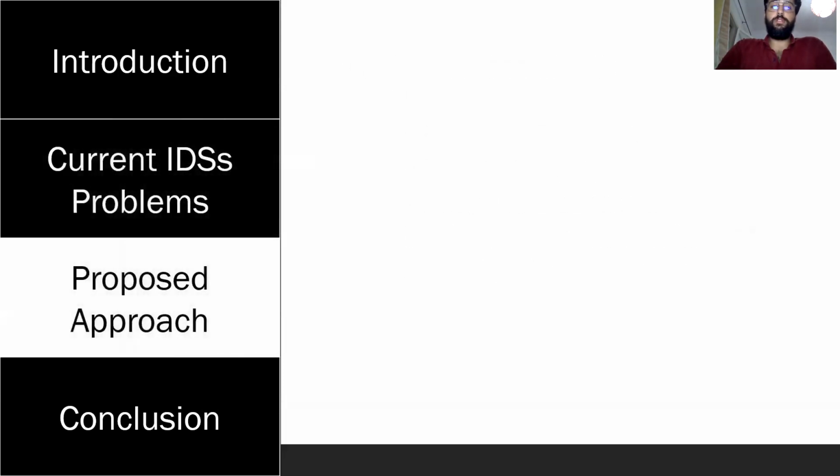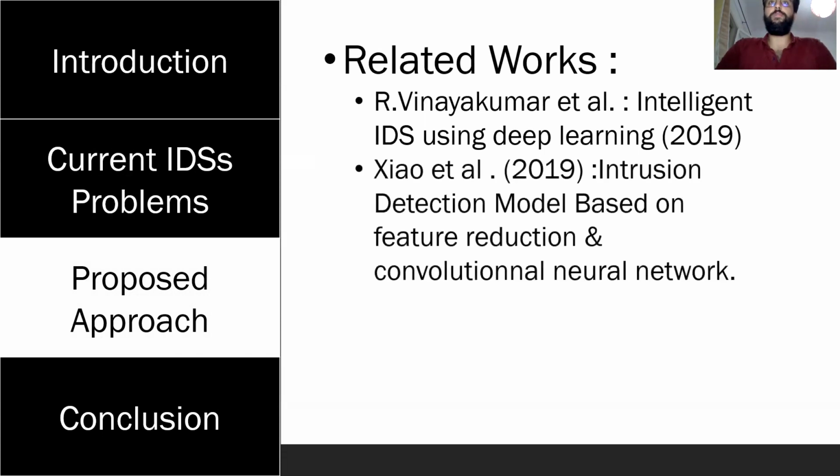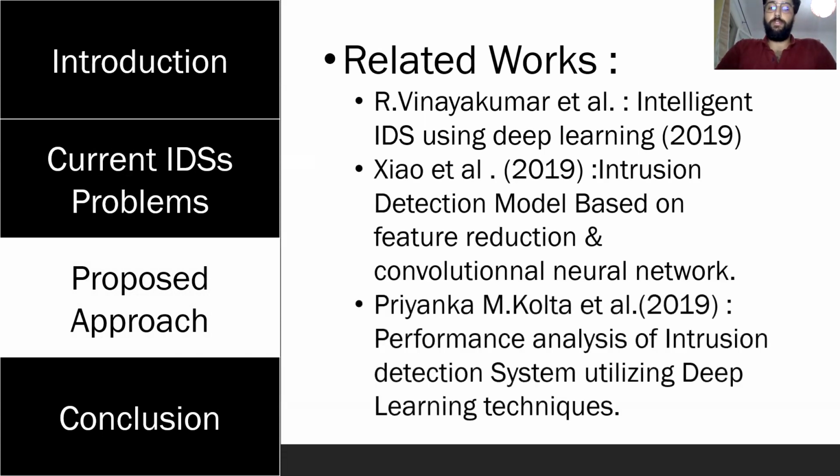So here are some related works. These are recent researches in the IDS domain. There is Vinaya Kumar et al. with the intelligent IDS using deep learning. There's another work with Xiao et al. in 2019 with the intrusion detection model based on feature reduction and convolutional neural network.